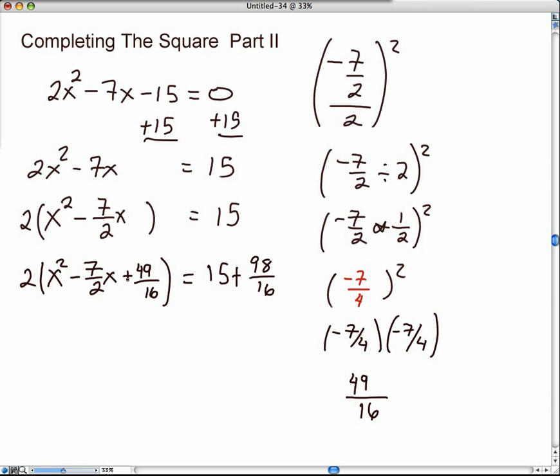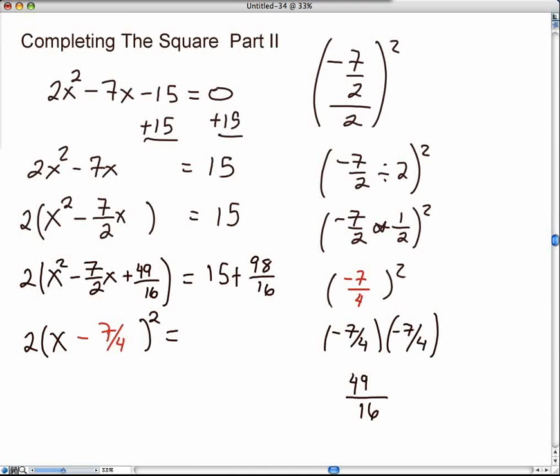So we can now, this is a perfect square trinomial, so it has this form right here. We're going to deal with that in a little while, but I'm going to pop in negative 7 over 4. That's where this goes, so we don't have to worry about that.